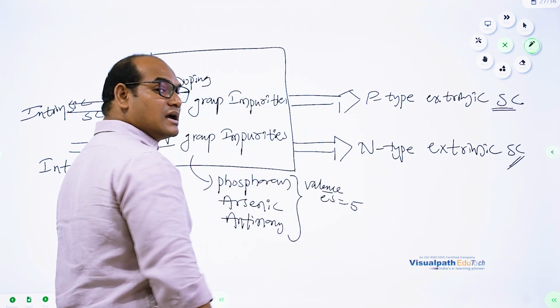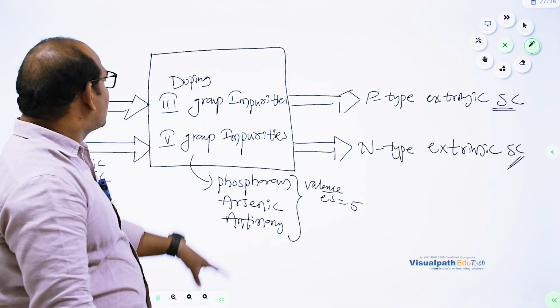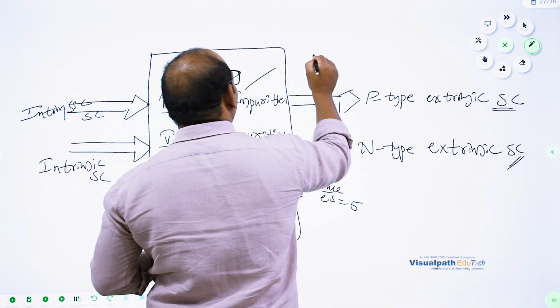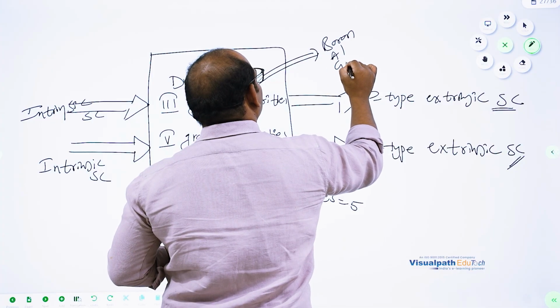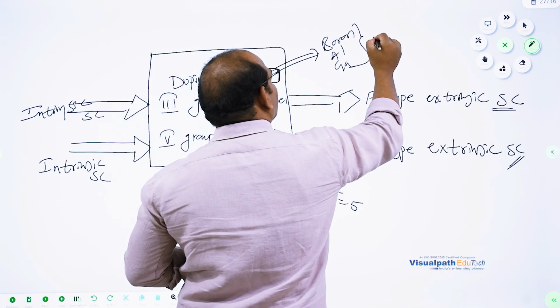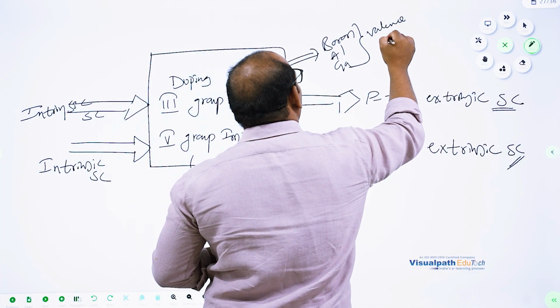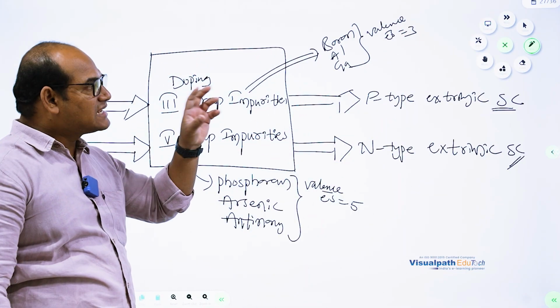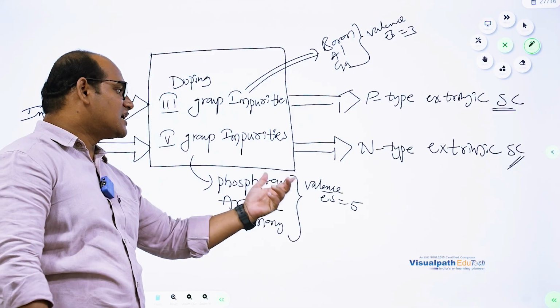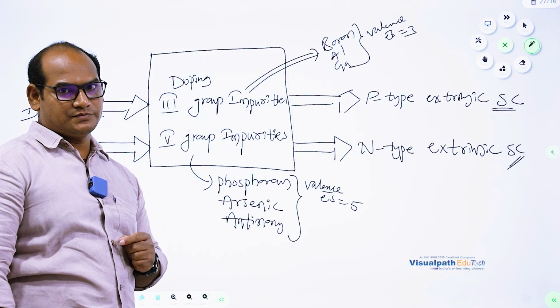That's why these come under the fifth group elements. And third group impurities means third group elements like boron, aluminum, gallium, and here valence electrons will be 3. In each boron atom, 3 valence electrons will be there. In each phosphorus atom, 5 valence electrons will be there.